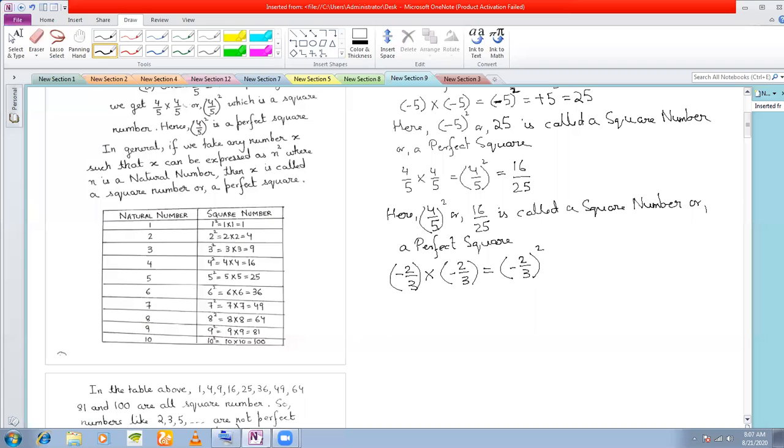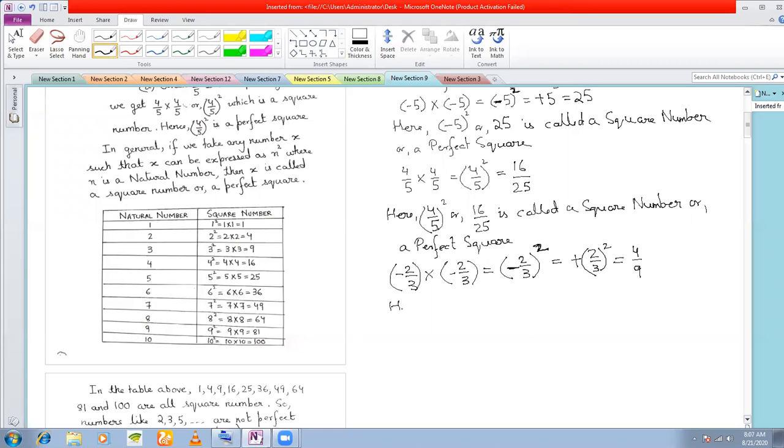And again, applying the laws of exponents, I have a negative sign here, I have an even power here, so that when this negative sign comes out of the bracket, because of this even power, it becomes plus 2 by 3 square, which is 4 by 9.